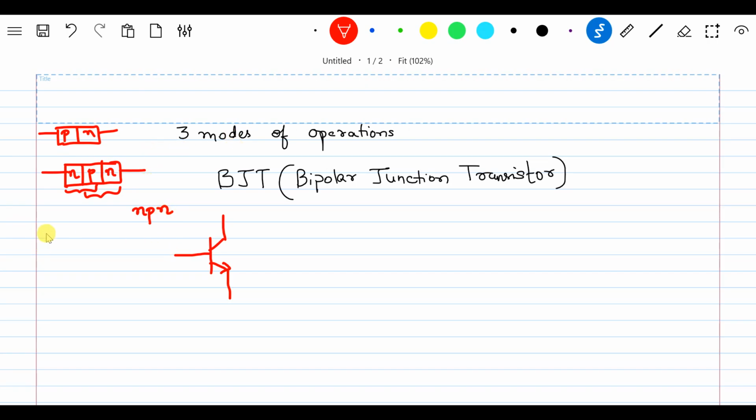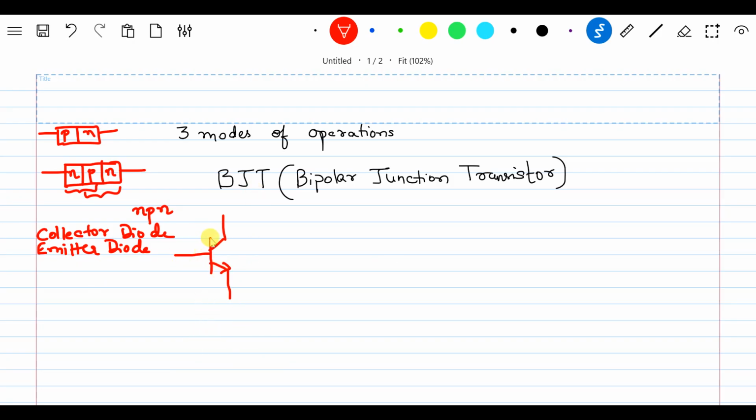One is the collector diode, and the other diode which we have in any transistor is the emitter diode. I think I should tell you what the three terminals are first.